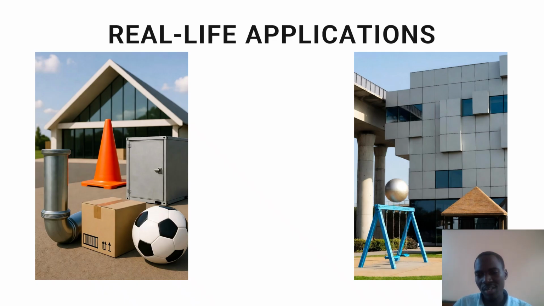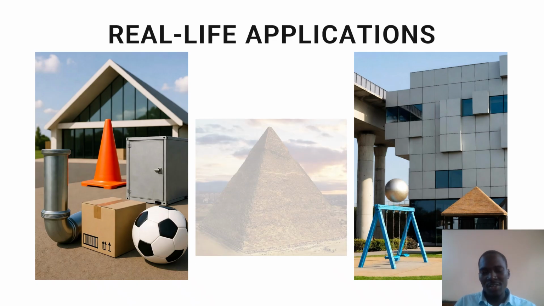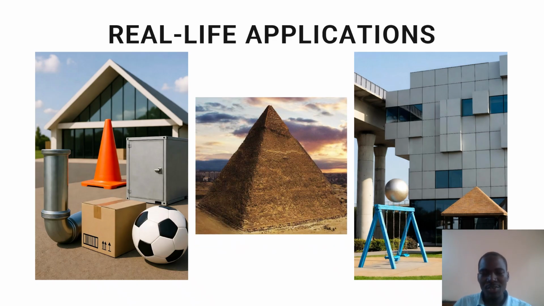We can also see a cuboid used as a metallic bar in many cases. There is a very famous application of three-dimensional geometry, that is the Pyramid of Giza. The Great Pyramid is a very good application of three-dimensional geometry in terms of a pyramid.